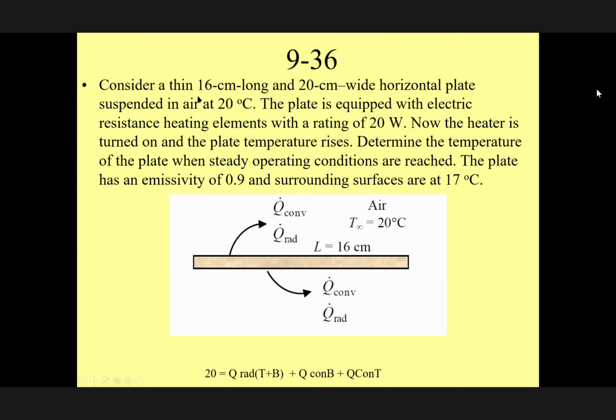That's why I mentioned that when you read the problem, try to pay attention to every word, because that helps you simplify the problem and find an easier solution. Here I mentioned thin, it means I can ignore the heat transfer from the sides, okay? That's what I mean. Very good question, sir.